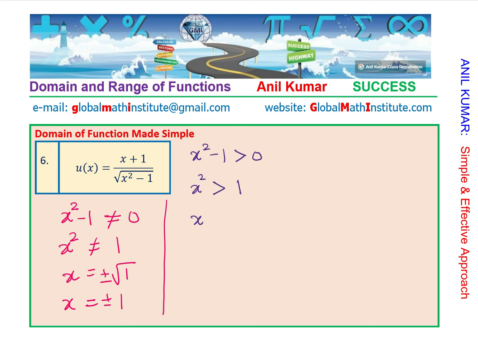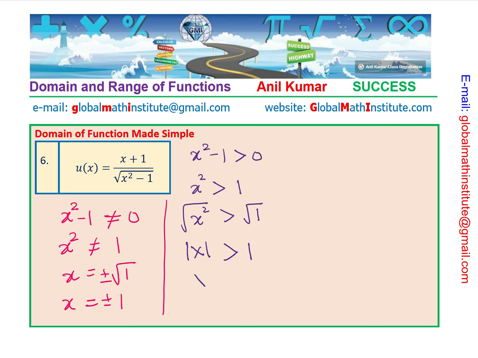And when you do square root, right? So when you take the square root of both sides, you can also understand the square root of x squared is the absolute value of x, right? So we have the absolute value of x will be greater than 1. That means x is less than minus 1 or x is greater than 1. You get the idea. Absolute value of x is greater than 1.